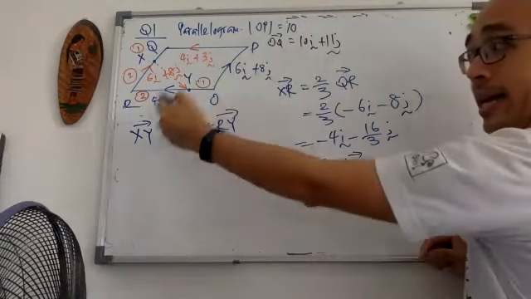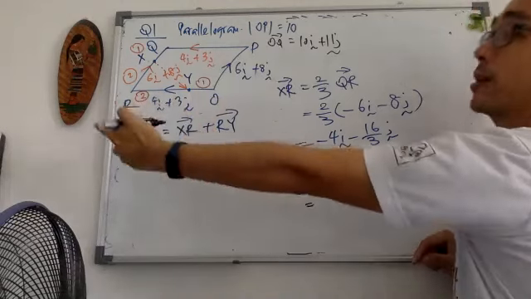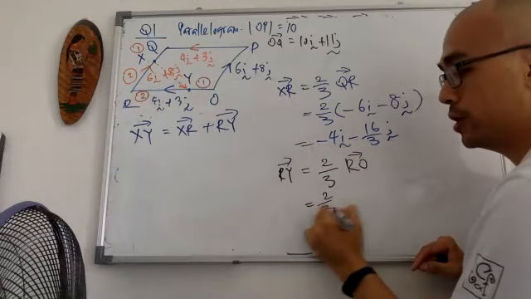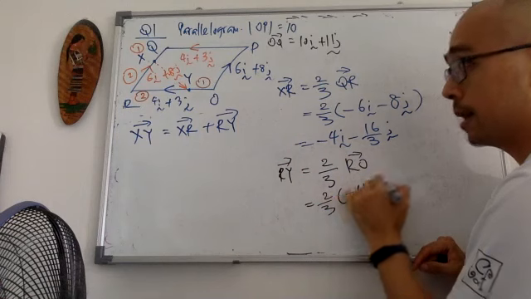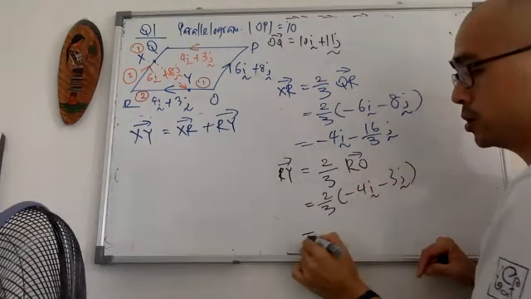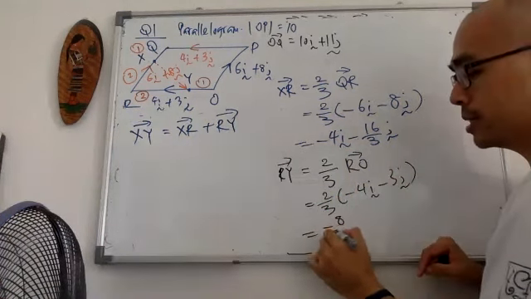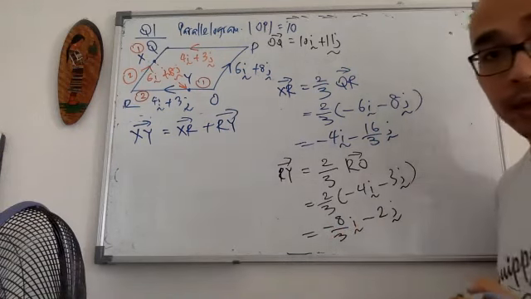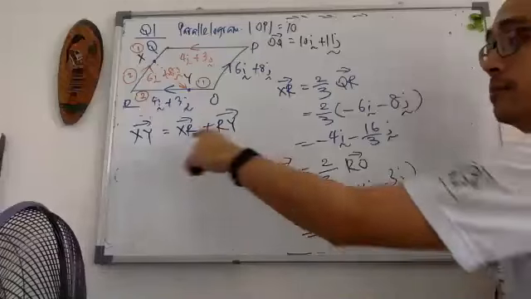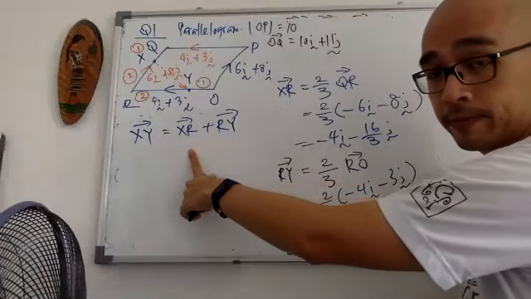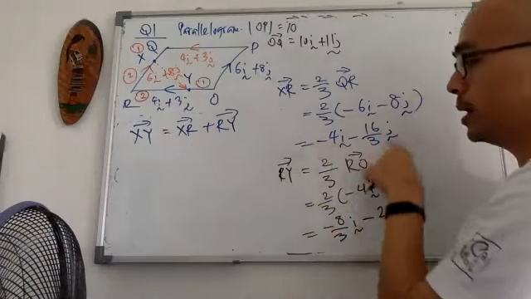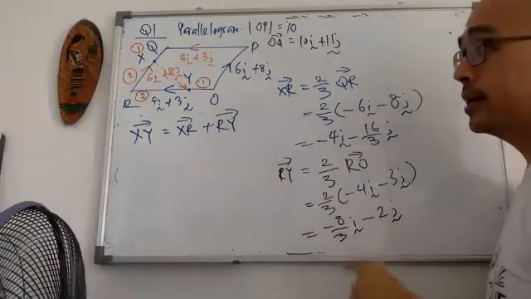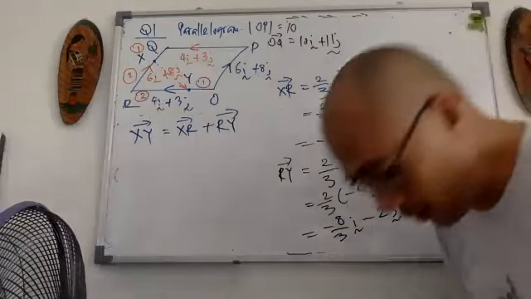RO is negative 4i minus 3j because it's going the other way. 2 over 3 of negative 4i minus 3j will give you negative 8 over 3i minus 2j. Then you put it in here. So this one plus this one, and then you will get the vector of XY.